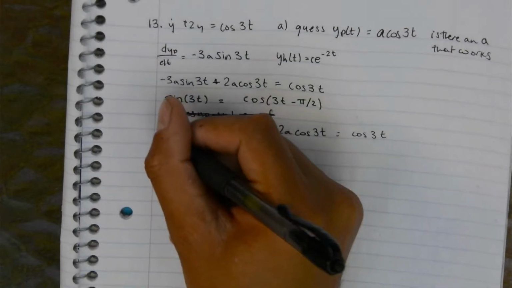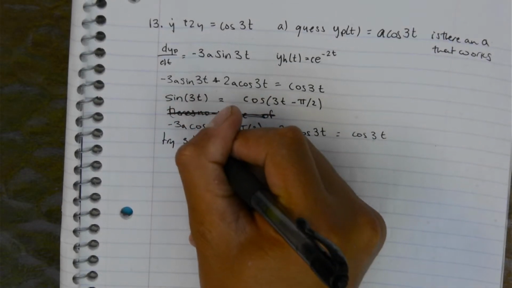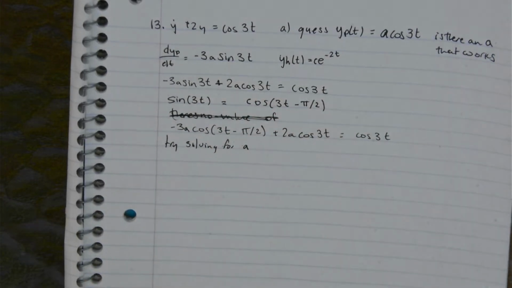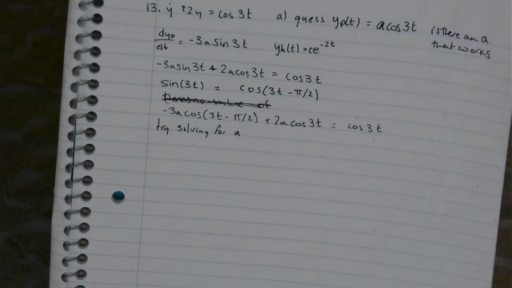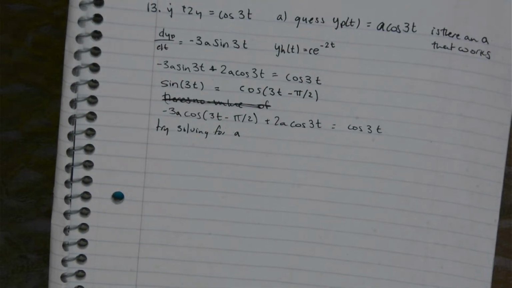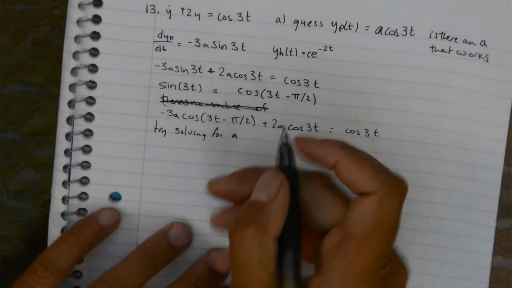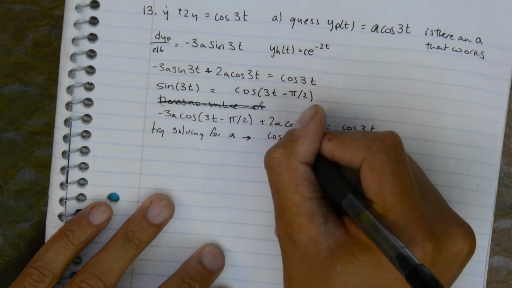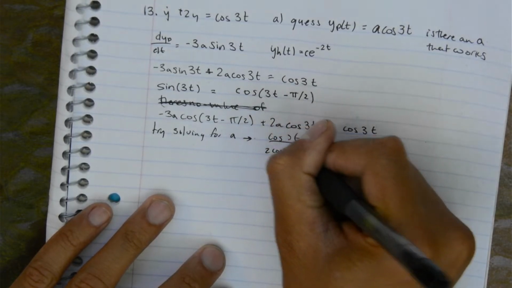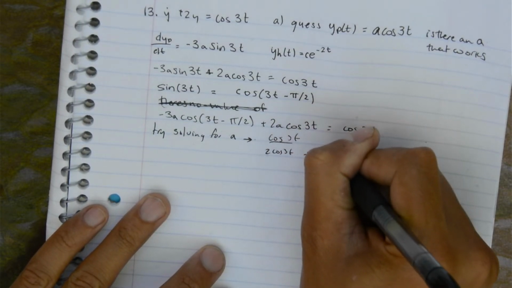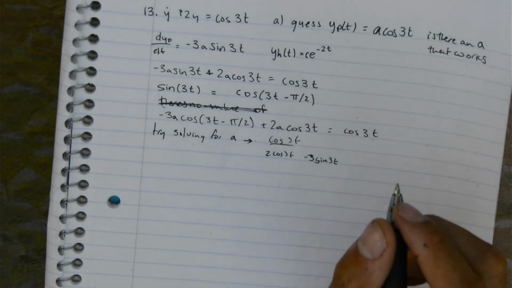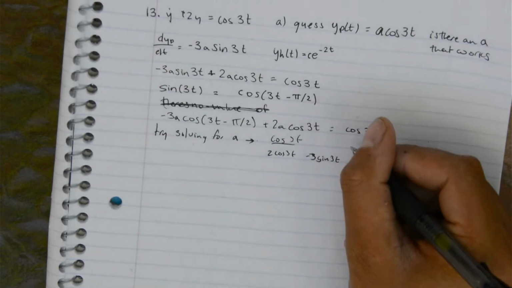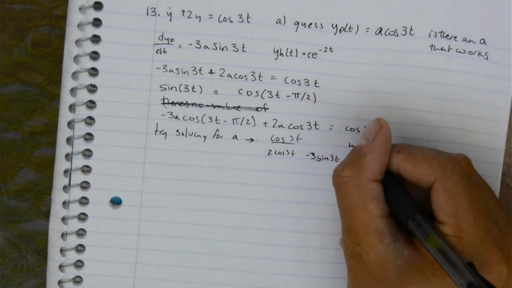Okay, so if you try solving for a with a computer algebra program, you get a goes to cos 3t over 2 cos 3t minus 3 sine 3t, which is not a constant.